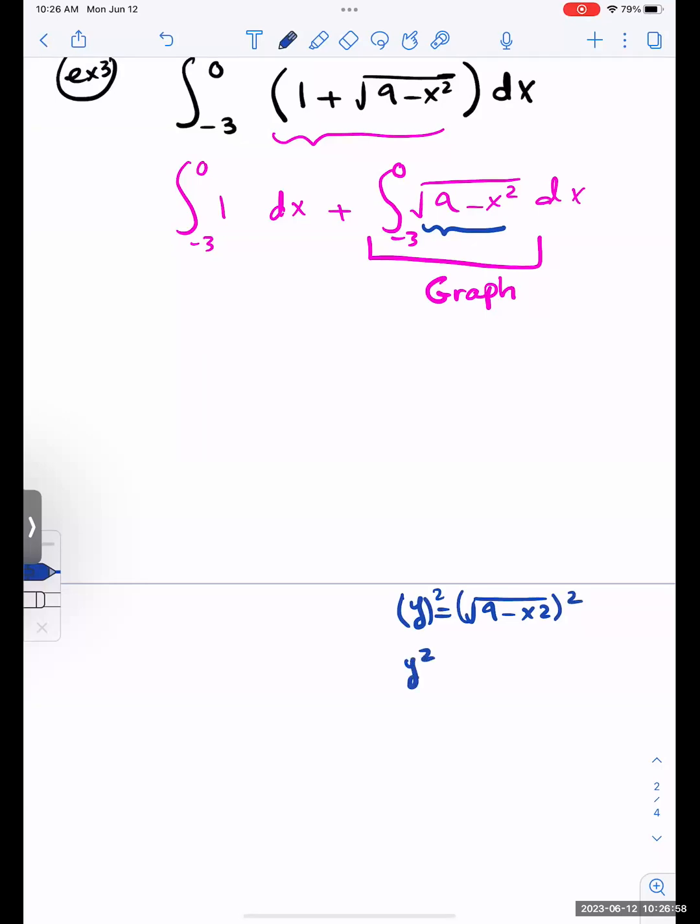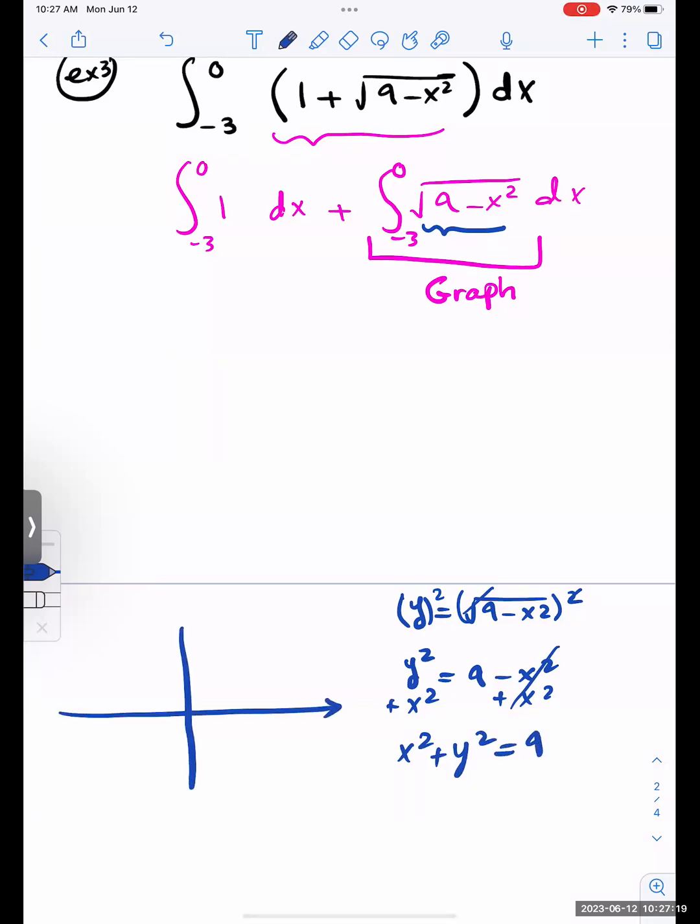So y squared is equal to 9 minus x squared, because the square and the square root cancel. Then can I add x squared to both sides? So x squared plus y squared is equal to 9. What is the graph of x squared plus y squared equal to 9? Circle.